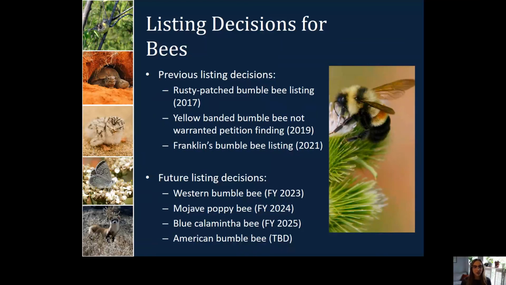And just this year, the Franklin's bumblebee was listed as an endangered species. Upcoming species status assessments and listing decisions can be found on our publicly available 5-year National Listing Work Plan. We have future listing decisions coming up for the western bumblebee, Mojave poppy bee, and blue calamintha bee. And we also just recently published a substantial 90-day finding on a petition to list the American bumblebee.